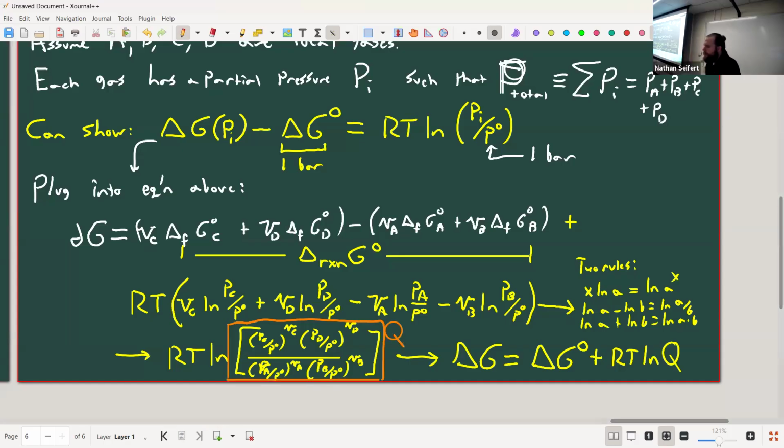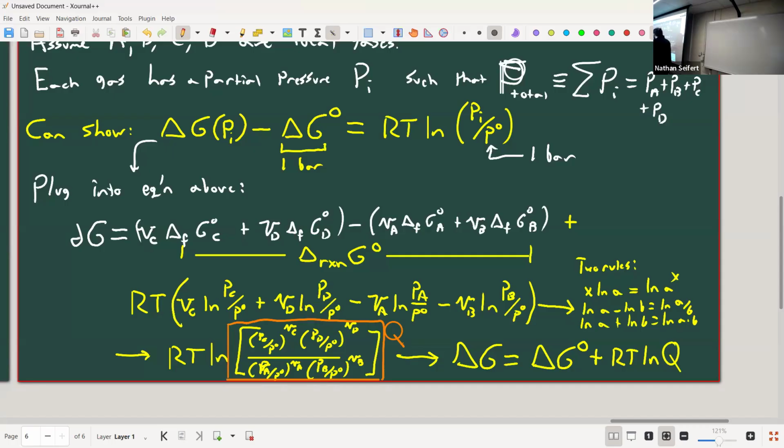But notice that this is defined at any set of concentrations. I can have zeros in the numerators, and things can be zero here, and I can still define a number. So let's imagine that I'm not at equilibrium. I don't have an equilibrium set of quantities.